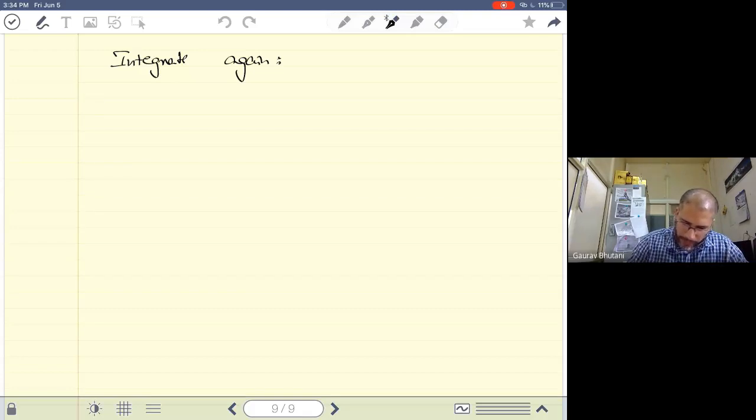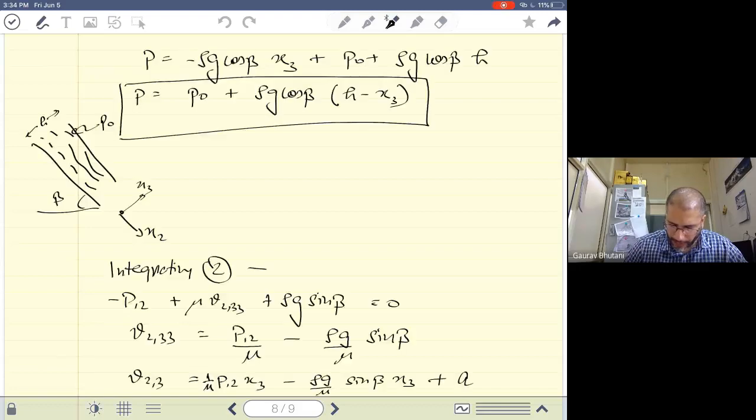So we get v2, and then we have 1 by mu p,2, but wait, p,2 actually is 0, because we just found that pressure is not a function of x2, so we don't really need to write p,2 here. We can simply say that p,2 is 0. We just saw that, so let's remove this term.